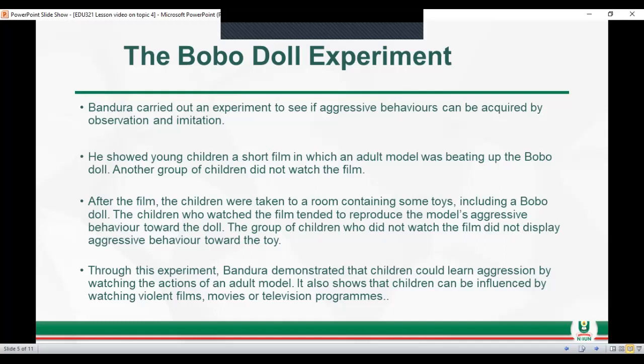I think this is a lesson for us, parents and adults who serve as models to children, to be careful of the type of television programs they are exposed to, the type of movies, and even some cartoons may have some violent episodes in them, and we should be careful not to expose children to these violent films.